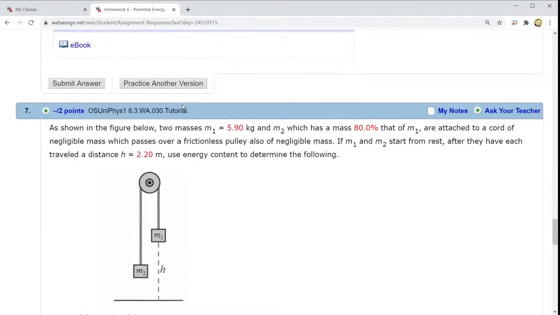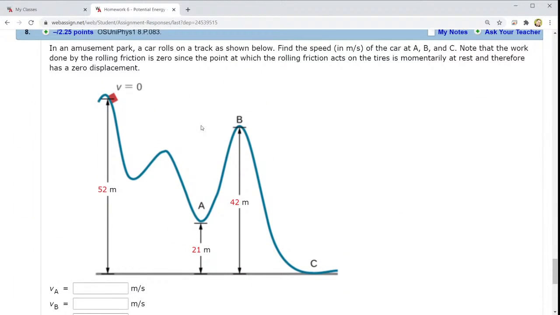Okay, so you have another homework problem that involves a roller coaster. Here it is. Note that the work done by the rolling friction is 0. So the approach that you are to take here is the same approach, where you have mechanical energy at this point, this point, this point.